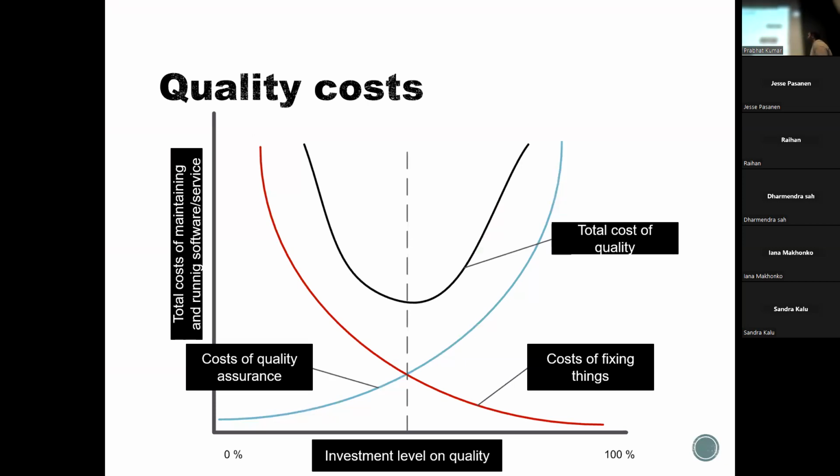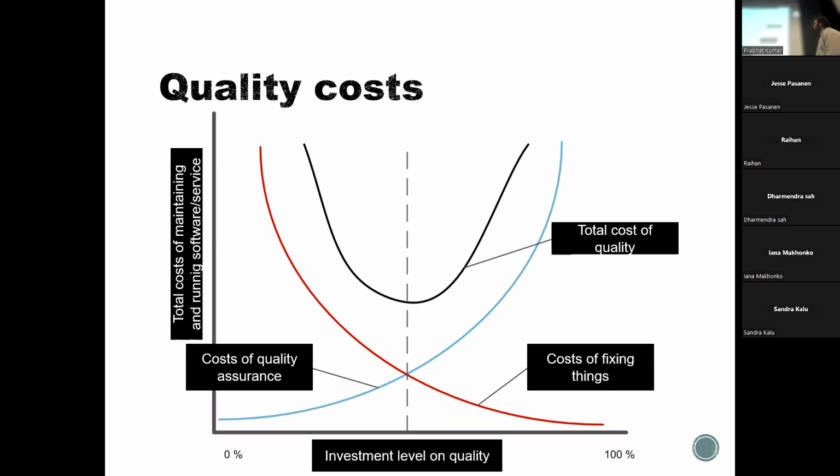So the next thing is how we should invest. In this graph, on the x-axis we have investment level or quality, and on the y-axis we have the total cost of maintaining and running software and services. And in this graph, there are three different colored curves.